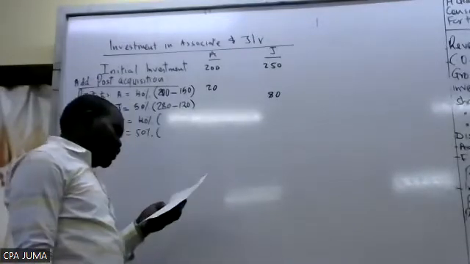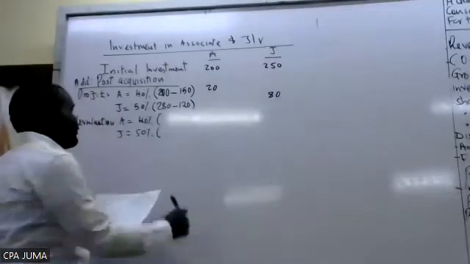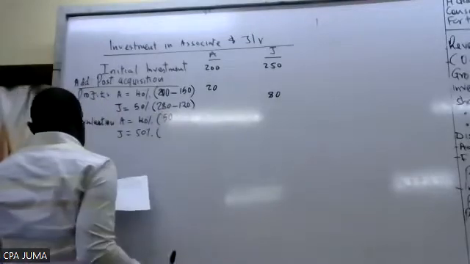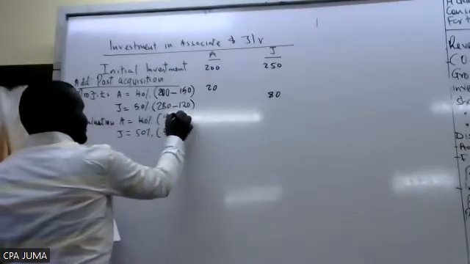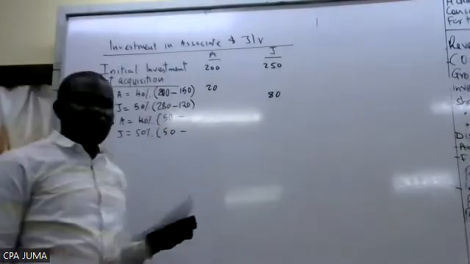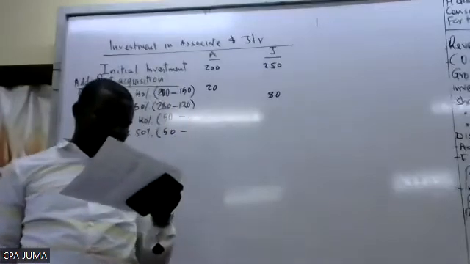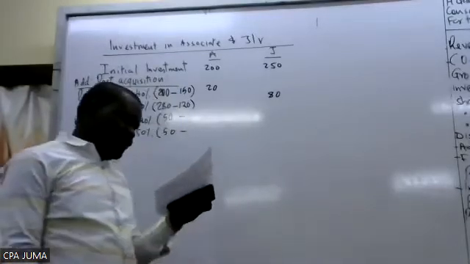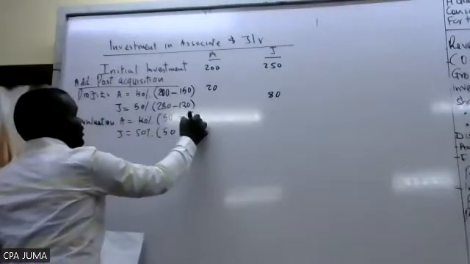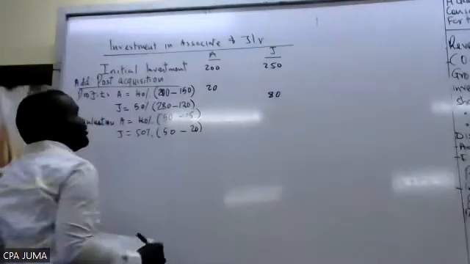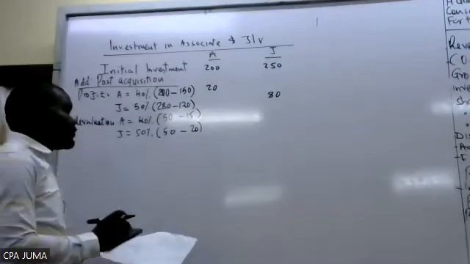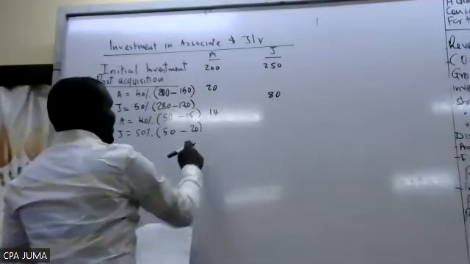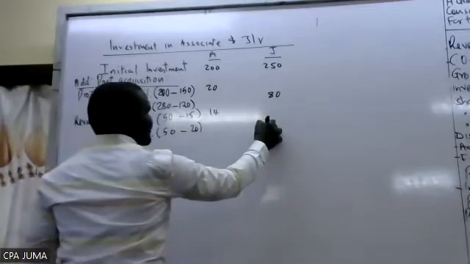Closing revaluation in A, 50. Closing revaluation in J, 50. Minus, on acquisition in note 1, 15 and 20. 50 minus 15 is 35. 40% of 35 is 14. 50 minus 20 is 30. 50% of 30 is 15.